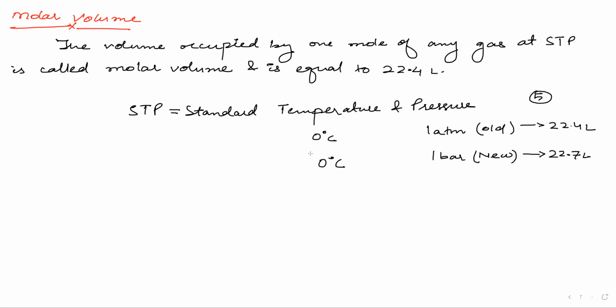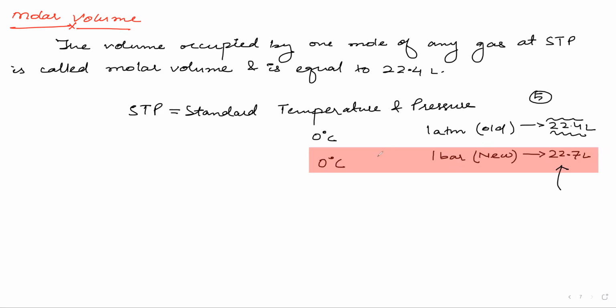We will be using 22.4, the old definition, in all our calculations, because all of the numericals that you will see in NEET or JEE examinations are set keeping in mind 22.4 liters. Even in NCERT, in the 4th chapter, the molar volume is 22.7 liters, but they have a footnote saying that most of the databases have not been updated yet.